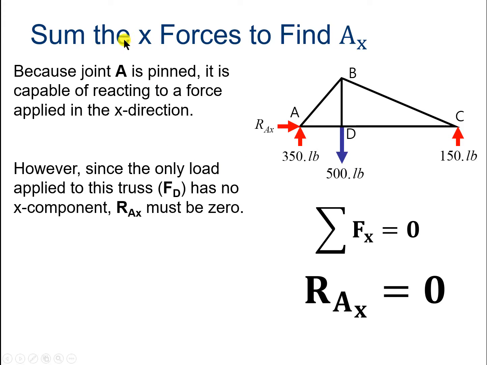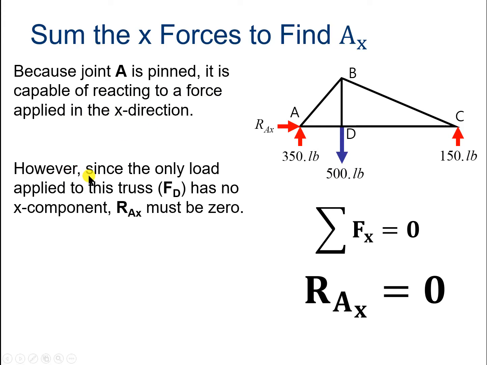Sum of the x forces to find, that should say RAX. So 2 of the 3 red arrows are now known, and let's find RAX. Because joint A is pinned, it is capable of reacting to a force applied in the x direction.